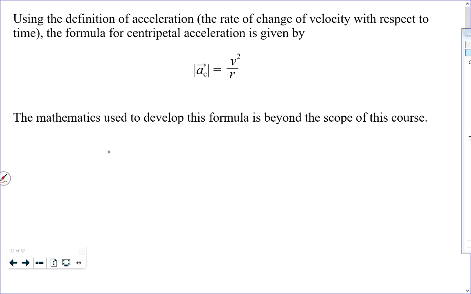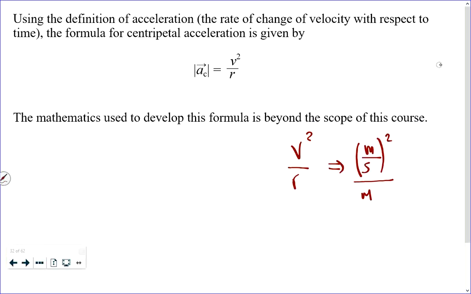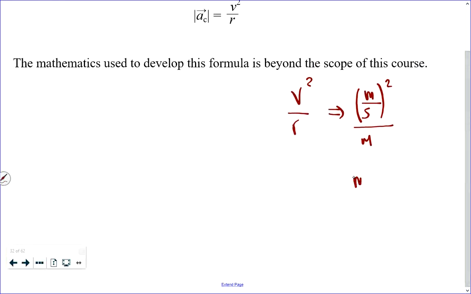Just to take a look at this formula in terms of units, it's v squared over r, but v is in meters per second, and r is in meters. This isn't meant to convince you that it's going to be acceleration, but I'm going to demonstrate that we do get the same units as acceleration. When I square the meters on the top, I get meters squared over seconds squared, and it's over meters.